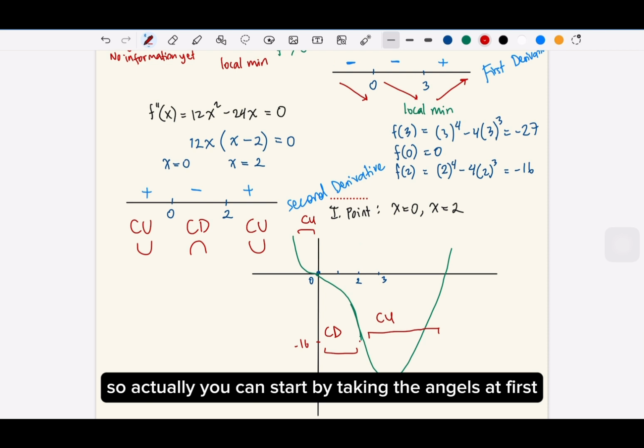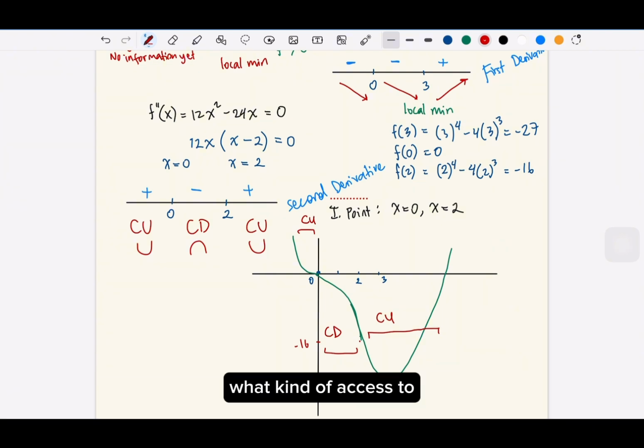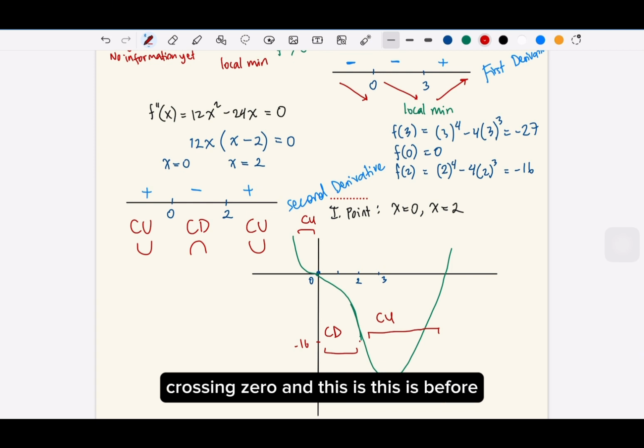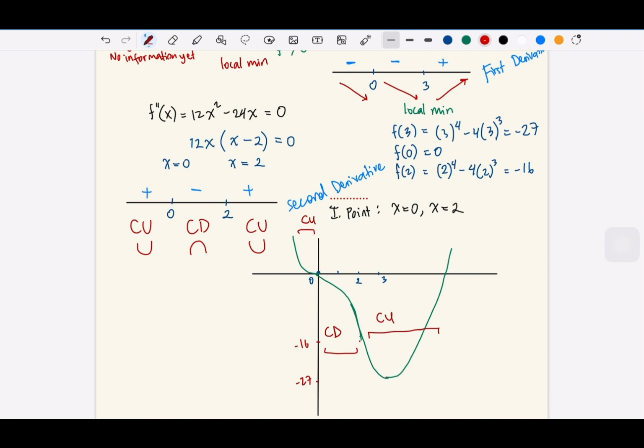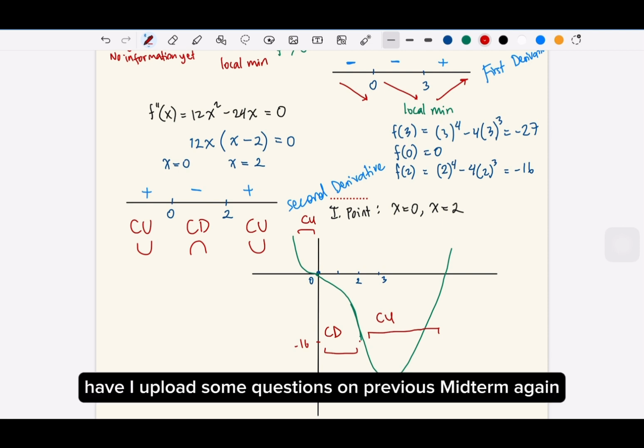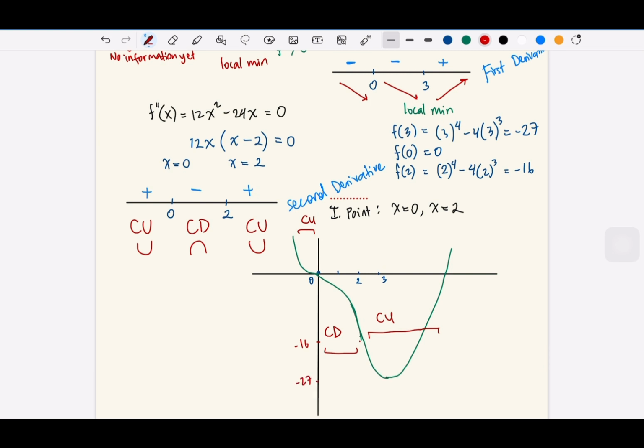Actually, you can start by taking the intercept first. What kind of x should the graph have? For example, it should be crossing 0, and this would be 4 because it's 2. Have I uploaded some questions from the previous semester? Not yet. Okay, maybe after your quiz, so you can concentrate on the quiz.